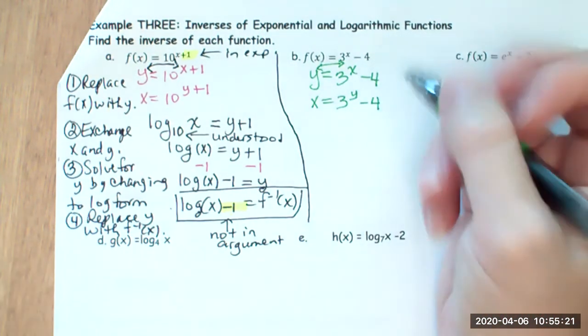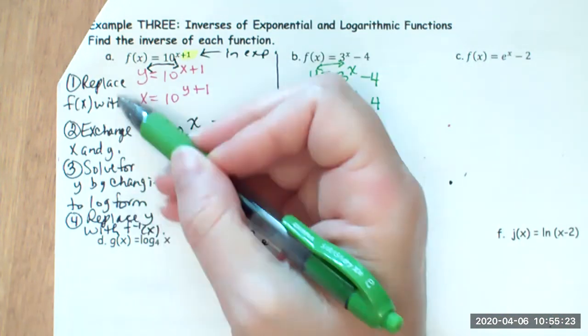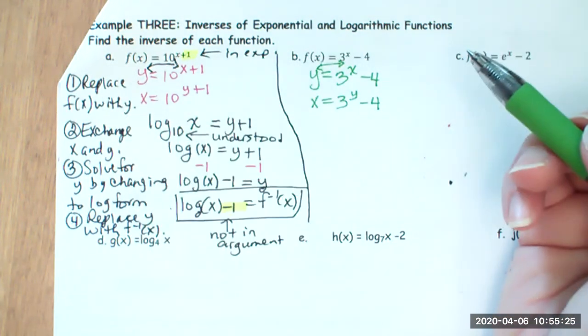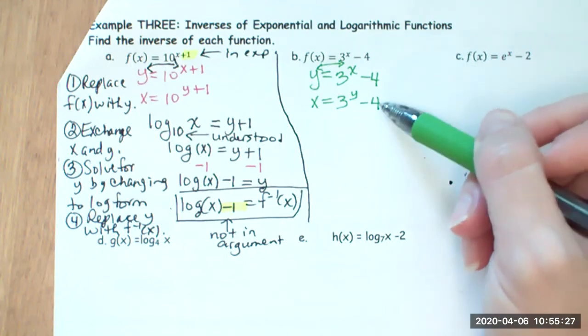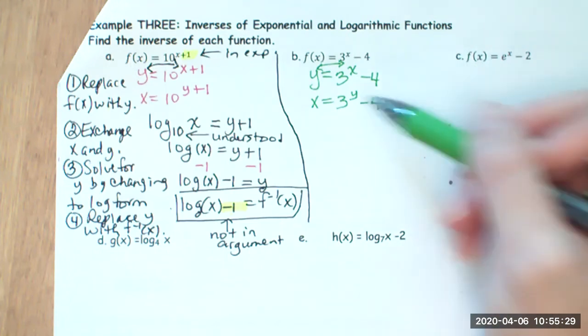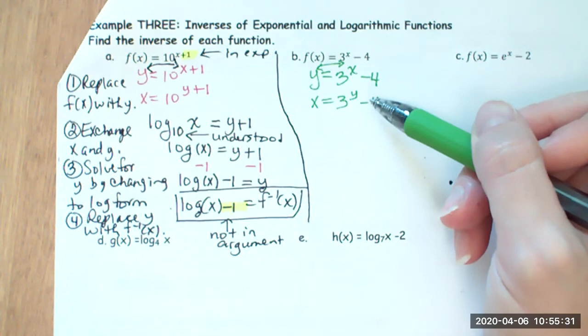Now the difference here, that we didn't have in the steps over here, is that you have to isolate that power. You can't change to log form without isolating that power.